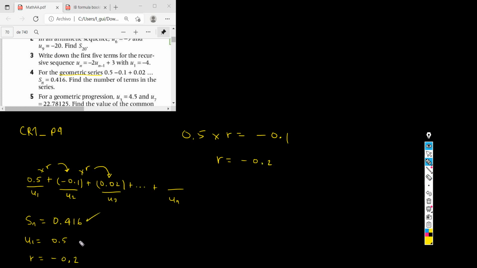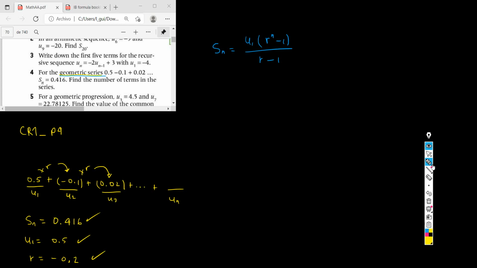Okay, so I know this, and I know this. And we have enough material to answer the question, guys. Let me write the formula for Sn for a geometric series. Remember, we're working with a geometric series, so don't get confused. When you look into your booklet, make sure to use the formula for the geometric series, which is this. There you go.